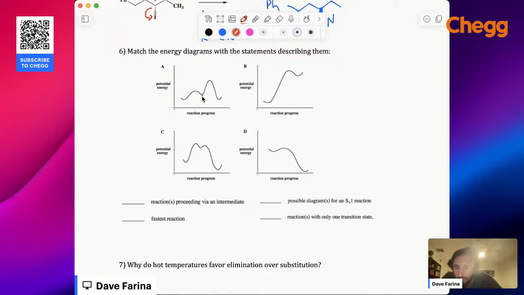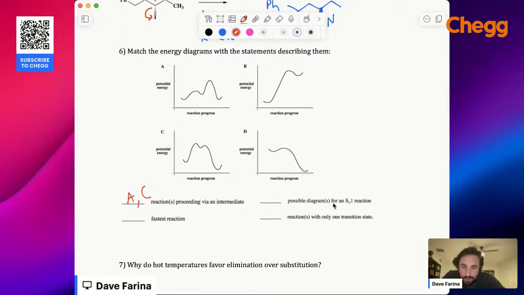So this is an intermediate, and this is an intermediate, right? We have an activation energy and a transition state to get to this little valley, the intermediate, and then a second reaction. Here we have one reaction to the intermediate and then a second reaction, right? So that means that A and C are reactions proceeding via an intermediate.